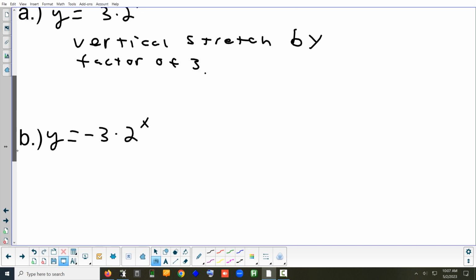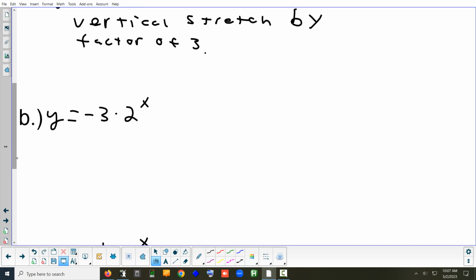Okay, let's look at B. Similar to A, but it's negative 3 times 2 to the x. How would I do this one? You'd say it's a vertical stretch of how much? 3, because of the opposite.